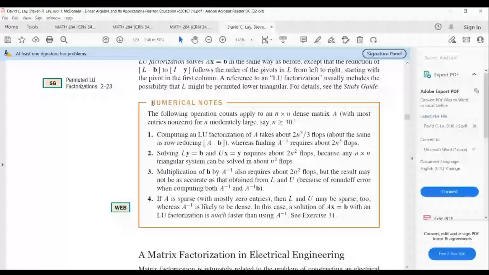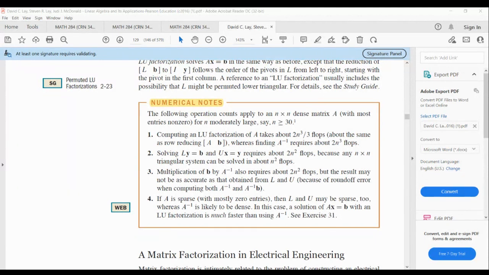Yeah. So they have an interesting numerical note here. Okay. So again, when you're dealing with very, very large systems, you have to worry about how many flops are needed to solve a system of equations. A flop is a mathematical operation.